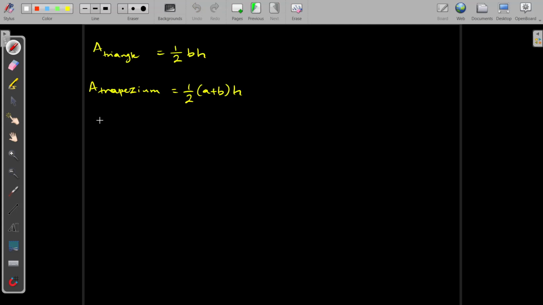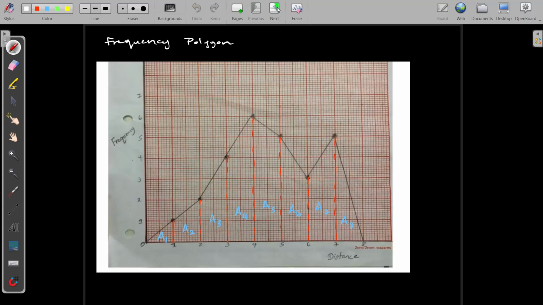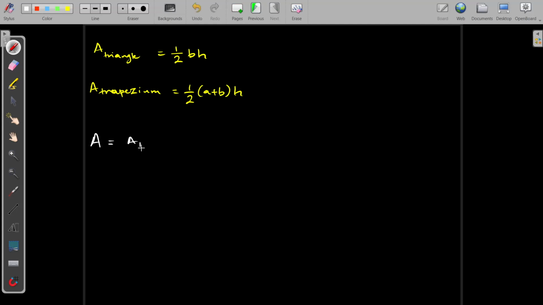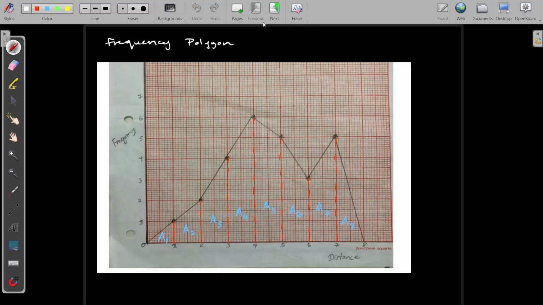So now the total area under this frequency polygon is going to be A1 plus A2 up to A8. We don't need to write the formula for each of these because we know what we're working with. So for A1, we're dealing with a triangle.